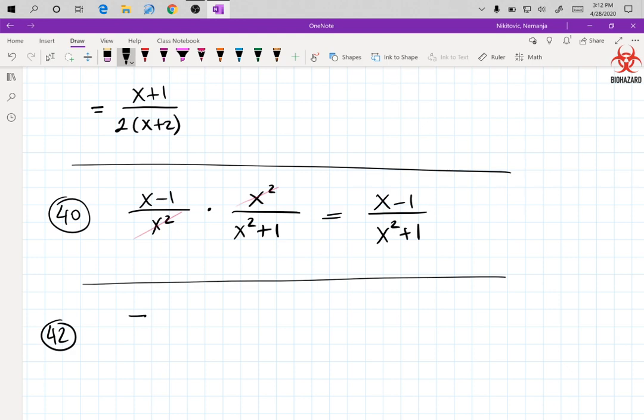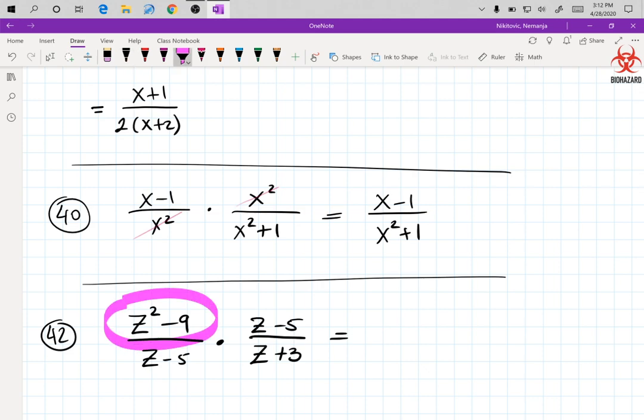42 has more spice to it. z squared minus 9 divided by z minus 5 times z minus 5 divided by z plus 3. Now, this one here is the difference of squares. If it's a difference of squares, that means you can factor it.